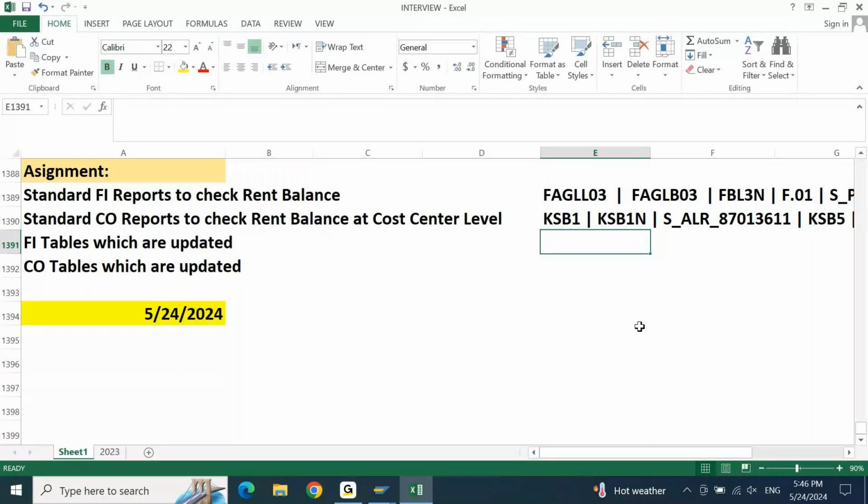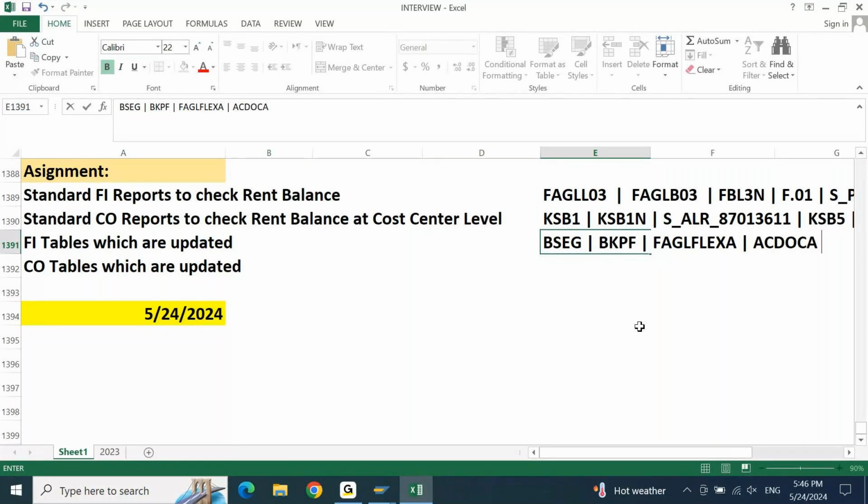BSEG, BKPF, BSEC, FAGLFLEXA, BKPF, FAGLFLEXA, correct? ACDOCA, correct? It can be correct, it cannot be correct.